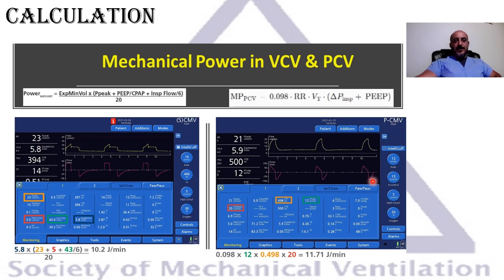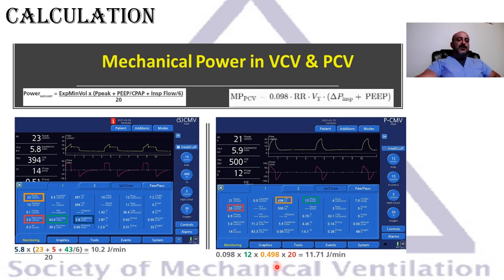On the right side here, this is in pressure controlled mode, as you can see. The equation is 0.098 multiplied by the respiratory rate, which is 12 here, multiplied by the delta pressure, which is the driving pressure, plus the PEEP. So here's the equation: 0.098 multiplied by 12 multiplied by the tidal volume.